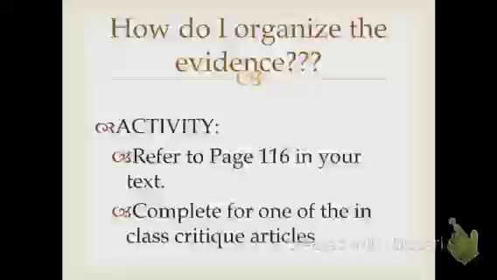So if you look in your textbook, page 116 will provide you a simple one-page worksheet so that you can take that article, summarize it, and use that sheet as a summary sheet and a reference point. It has a citation, you can identify the type of study, it being quantitative or qualitative, the location, key concepts, design, or the qualitative tradition you're using, sample, data sources, findings, recommendations, strengths, and weaknesses.